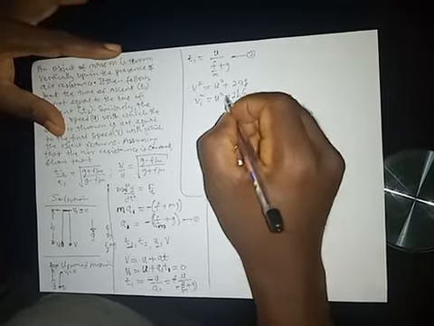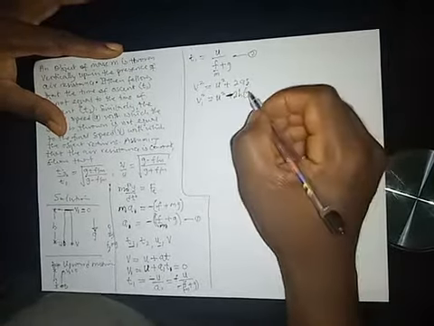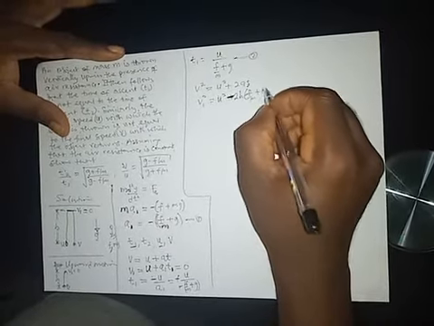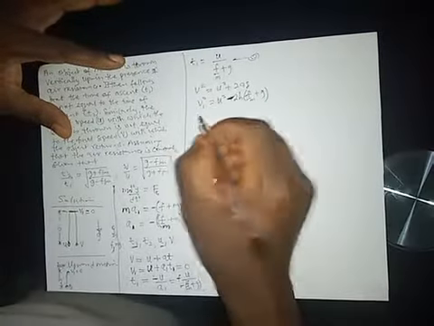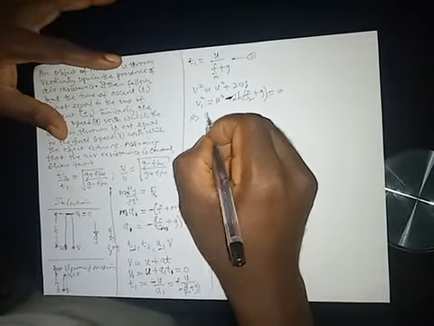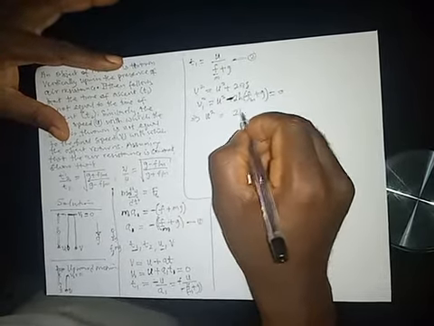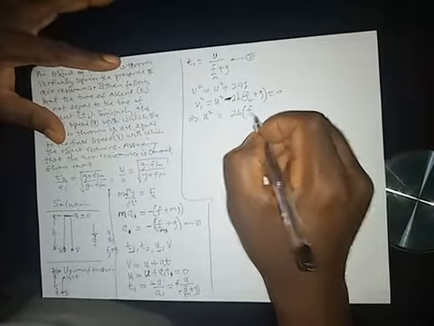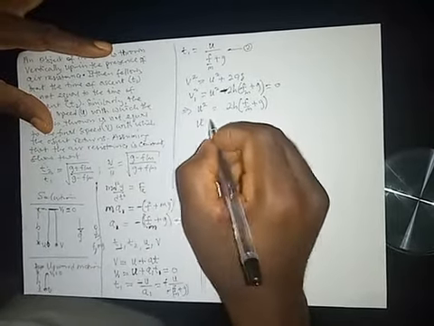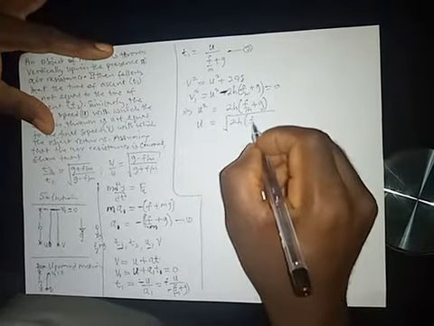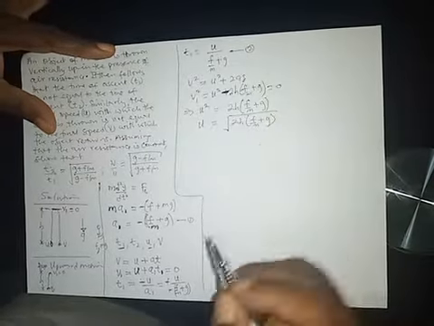A1 is minus f over m plus g. So we have this equal to 0 because v1 is equal to 0. So this implies that u square is equal to 2h into f by m plus g. Therefore, you can have u to be the square root of 2h into f by m plus g.